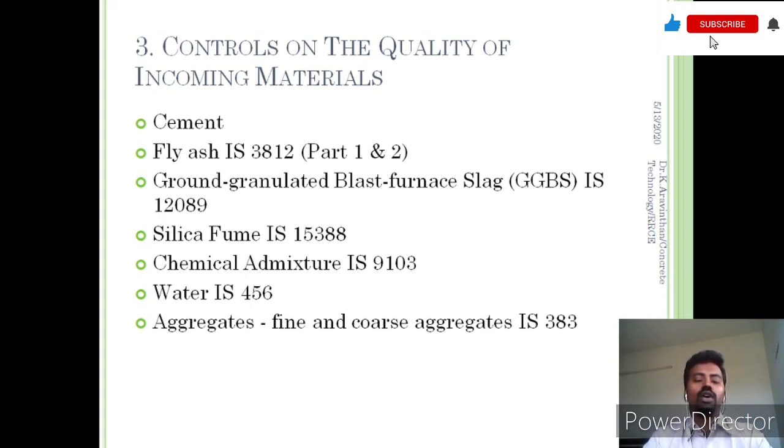So you have to abide by the code for the materials. For fly ash we use IS 3812 part 1 and 2, and for GGBS IS 12089. For higher grades of concrete we use silica fume, and the material has to abide by the codal norms as per IS 15388.